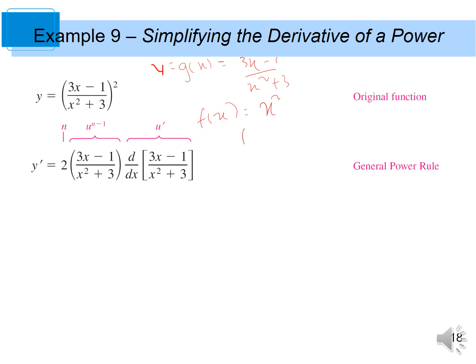So my f(g(x)) will equal to 3x minus 1 over x squared plus 3, to the power 2. So that's why my u is a rational function.